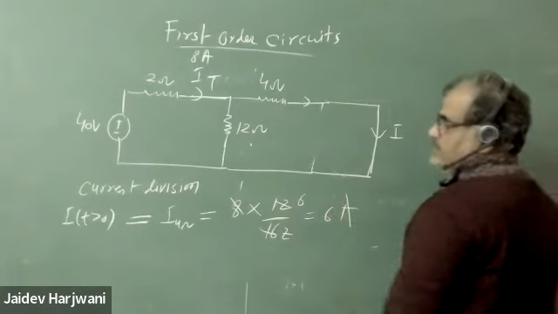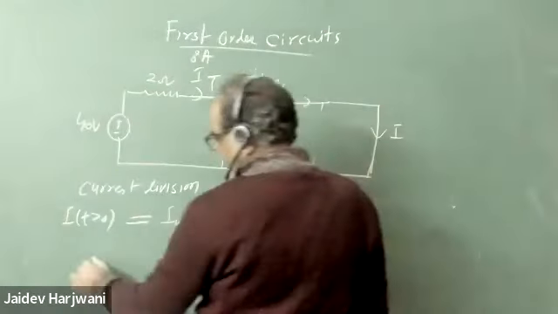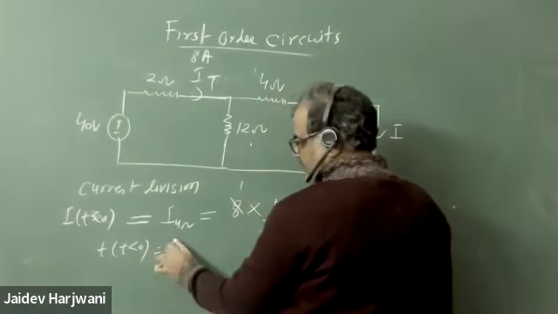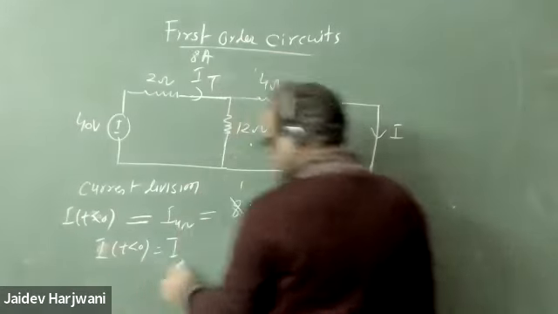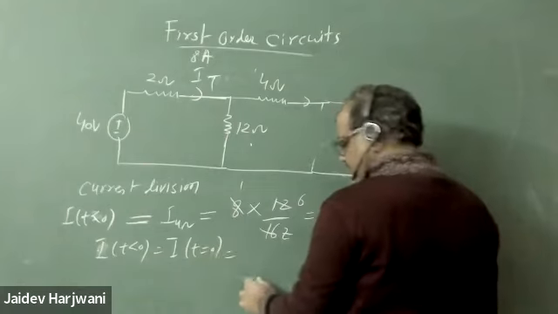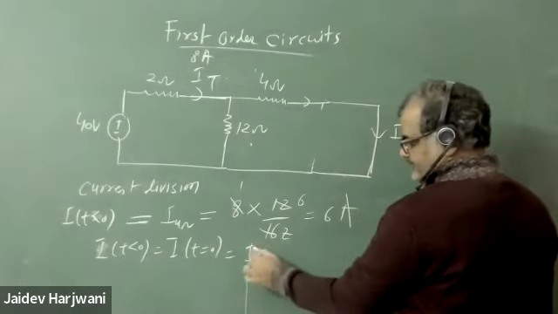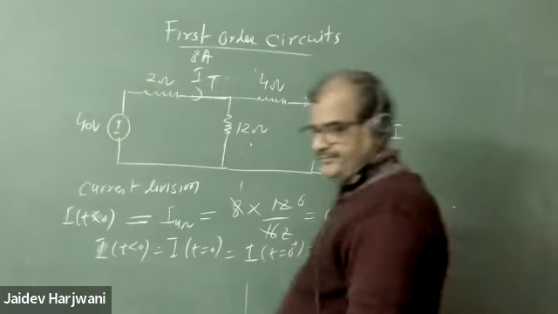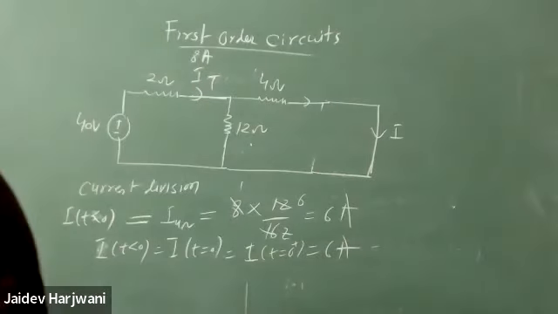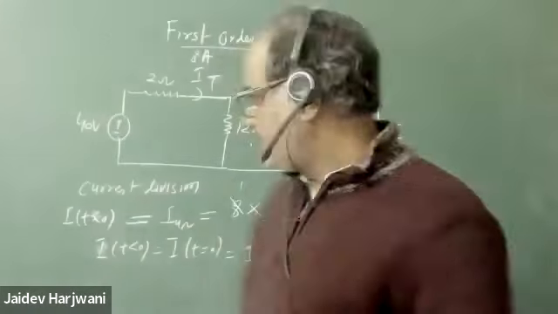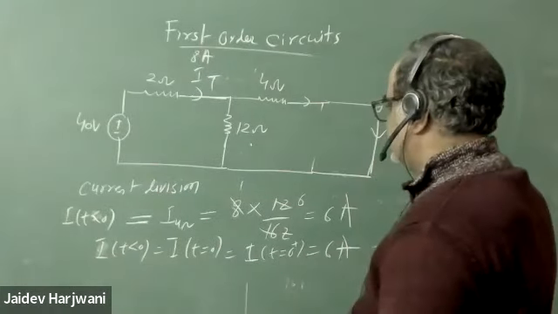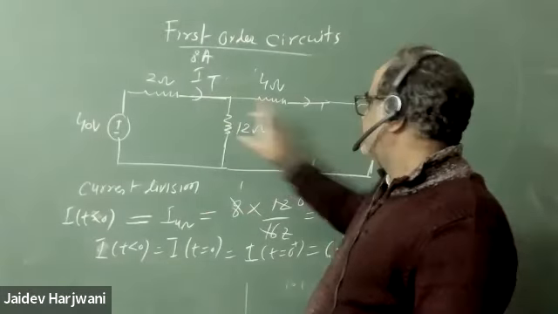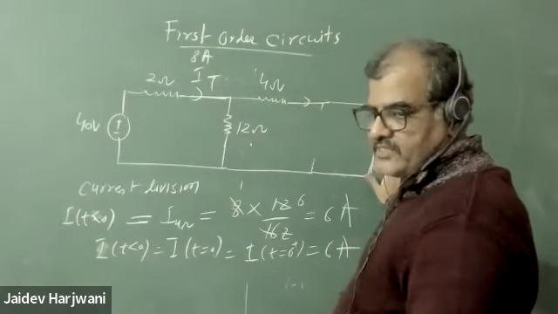So 6 ampere is the current I have. I at t less than 0 equals I at t equals 0 plus, that is equal to 6 ampere. Sir, the 8 ampere current was also the same. Which one? The 8 ampere was the total current, isn't it? We need it in this inductor, which got short circuited.